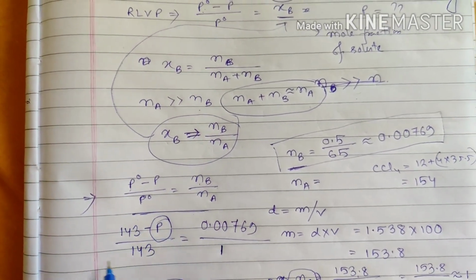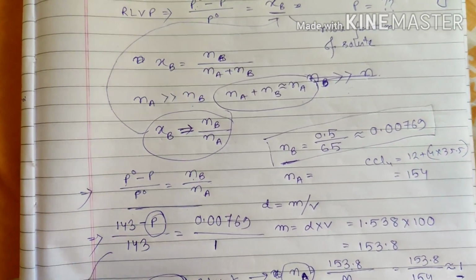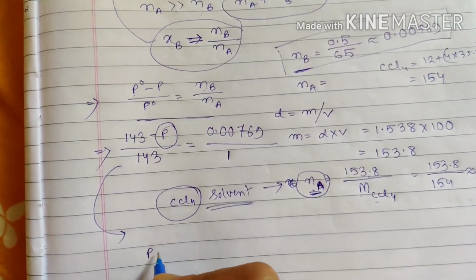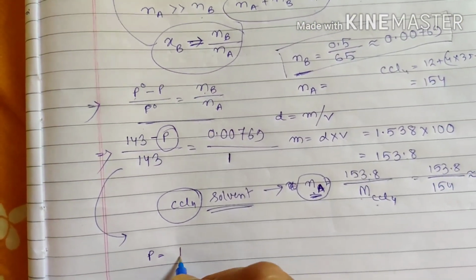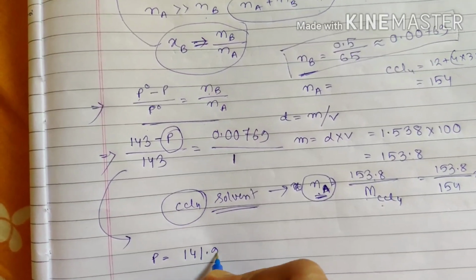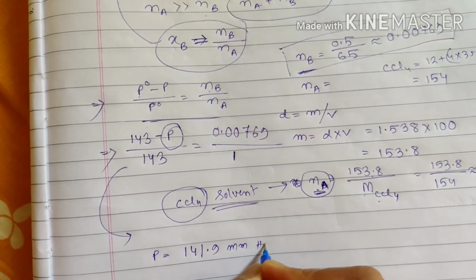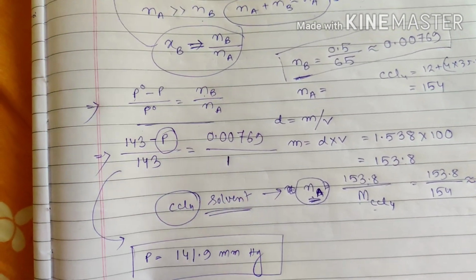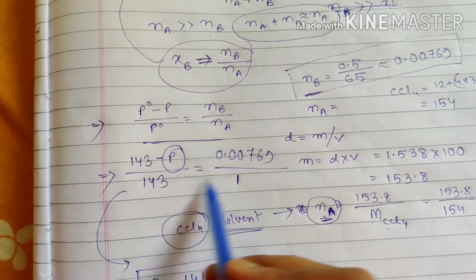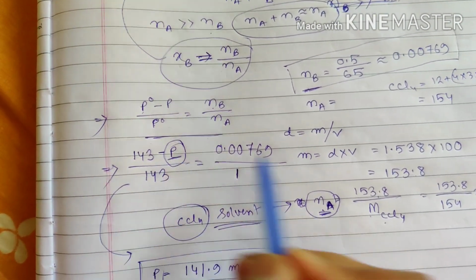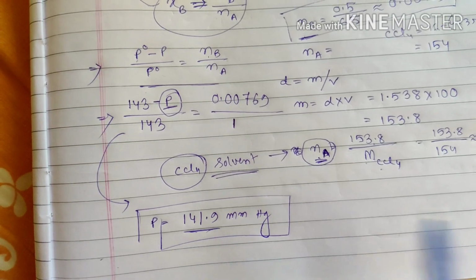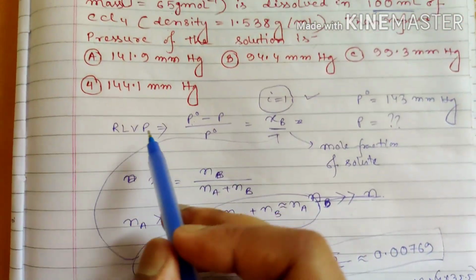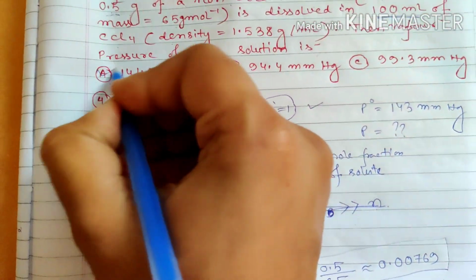So from here we are going to calculate the value of P. You calculate the value of P here, you will get around 141.9 millimeter of mercury. That will be the answer. Do calculate this carefully. It's very easy though. Calculate the value of P, you will be getting 141.9, which is given in the first option. So this one is correct.